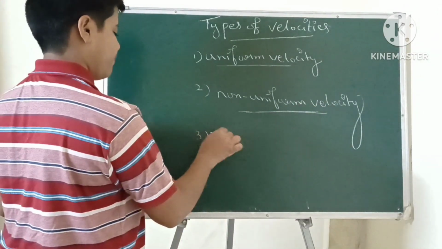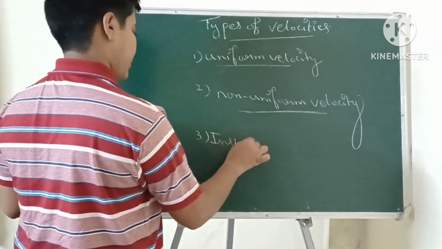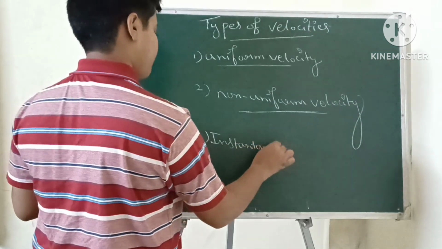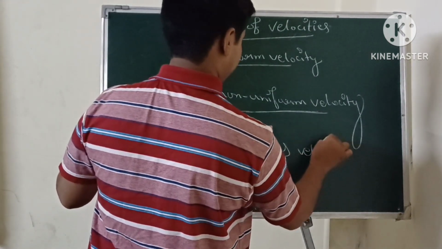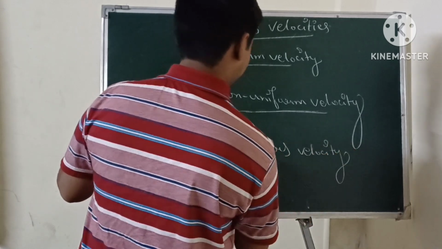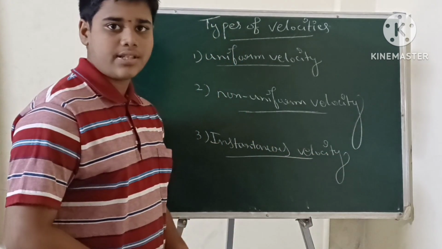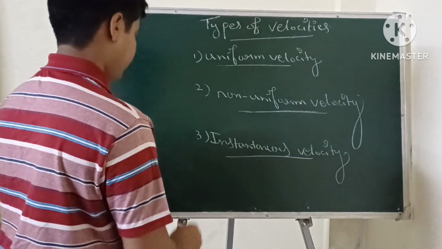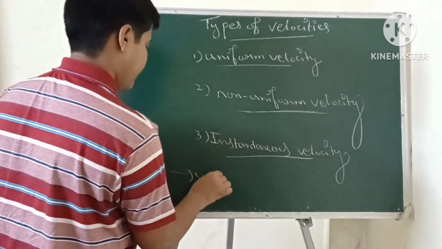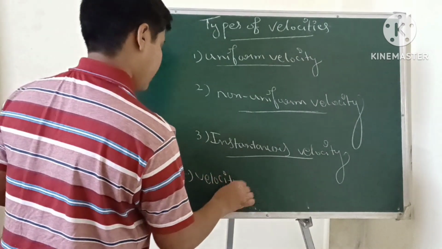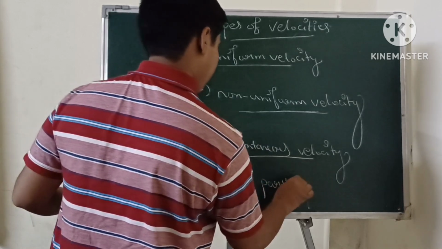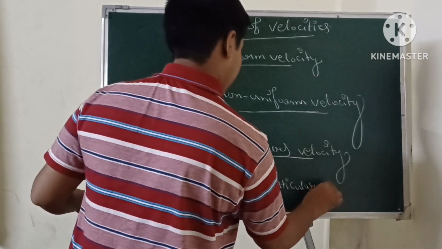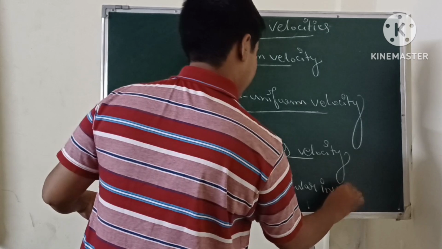And third one, instantaneous velocity. Instantaneous velocity means velocity at particular instant.